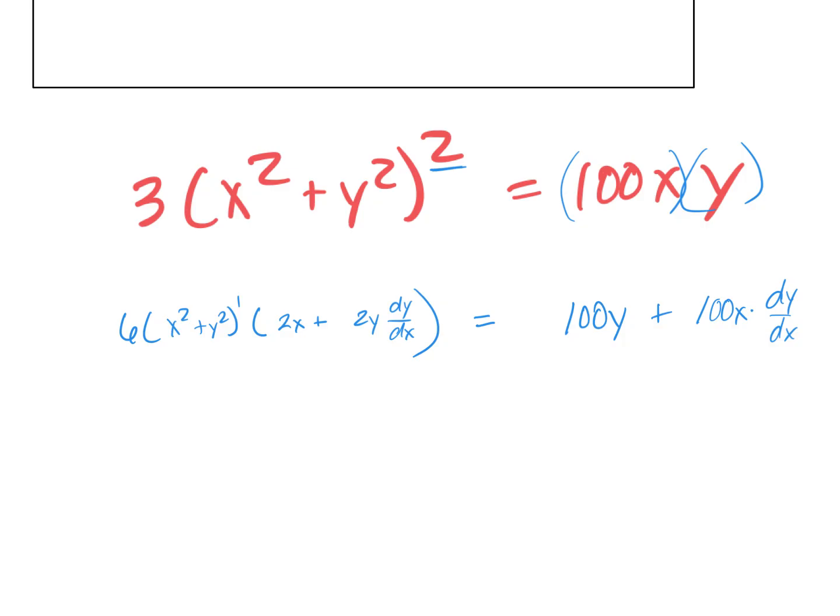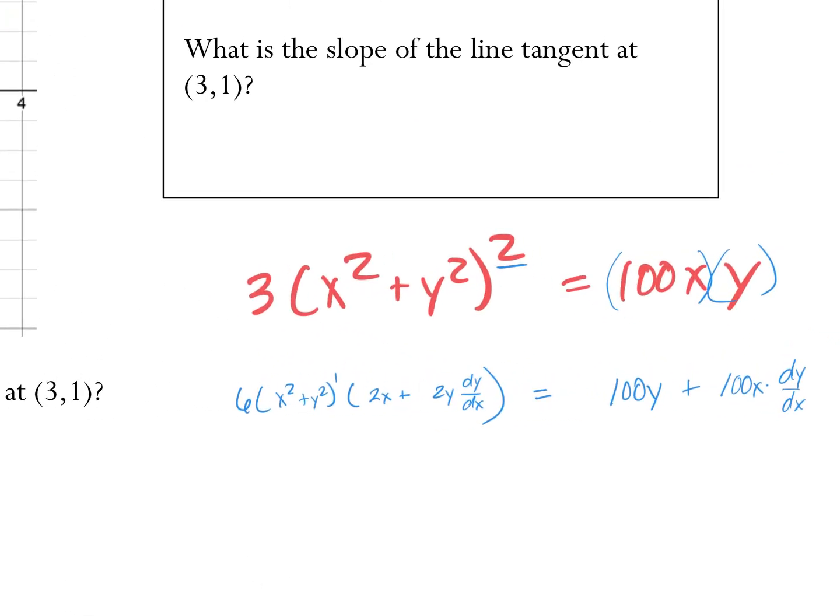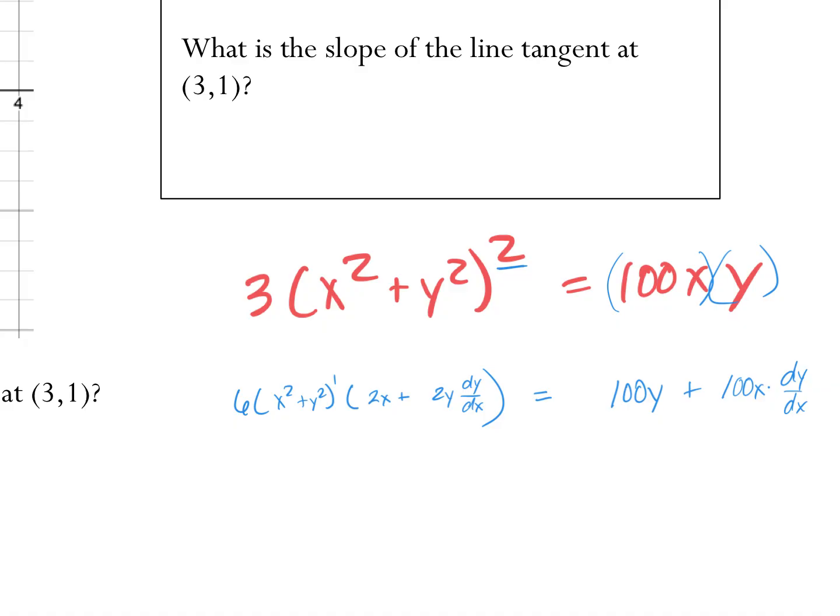How are we feeling? It is, in fact, going to be long. Though I think we could make an argument that I do tell you to find dy/dx, so we do actually have to do that. But it's fine. It's not as bad as you think.